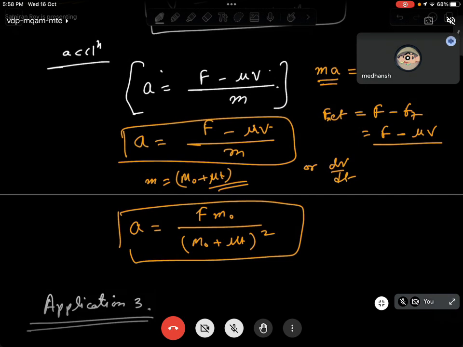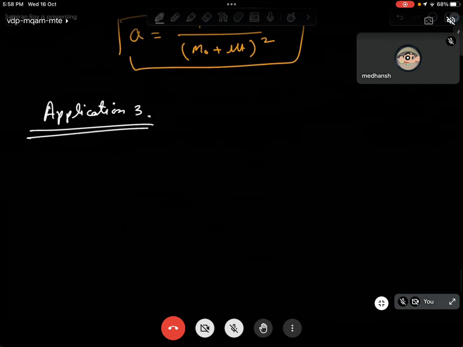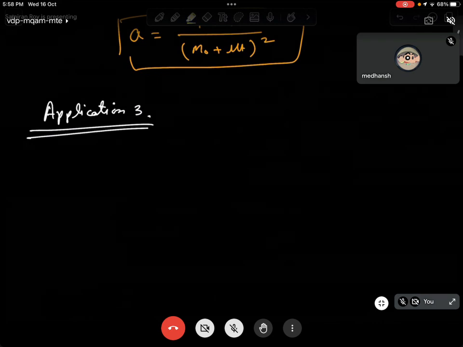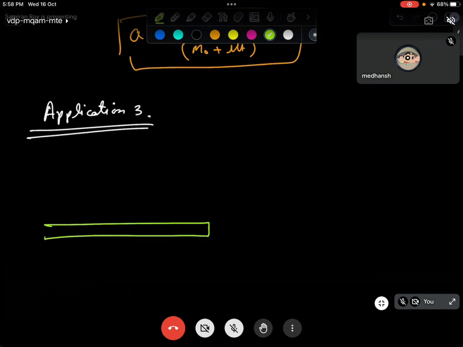Application 3. There's a cart which is filled with sand.